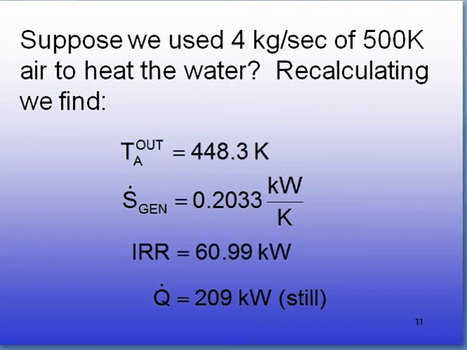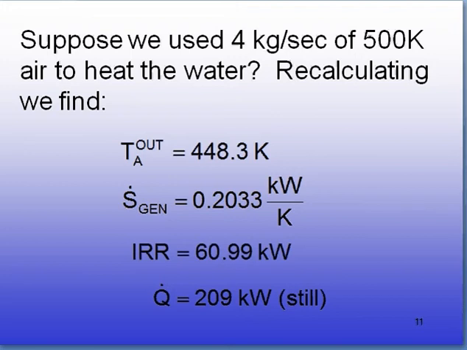We don't need that high of air, but if we do, then we can make the heat transfer faster. But notice our entropy generated in that case was higher, and our irreversibility was higher. Calculating the irreversibility, it comes out to 60.99 kilowatts. And we still transfer the same amount of heat.